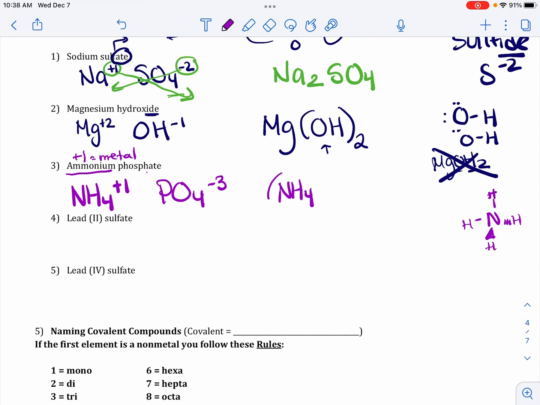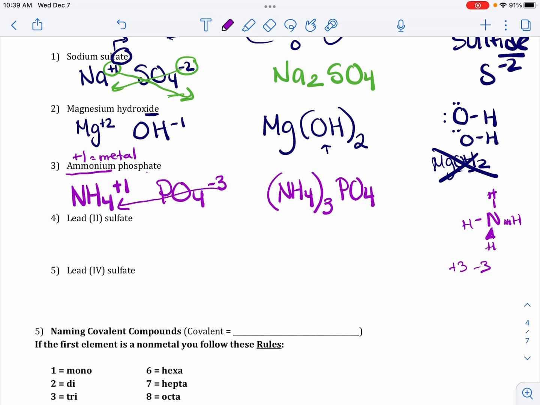So I use my parentheses, and that 3 goes down there. So now it's saying I have 3 NH4 ions, and then we have PO4. I only want 1 of them, so I am not going to put parentheses around that. It is just going to be NH4 parentheses 3 and then PO4. And if I were to add those charges up, it would give me +3 and -3, so it'd add to 0.